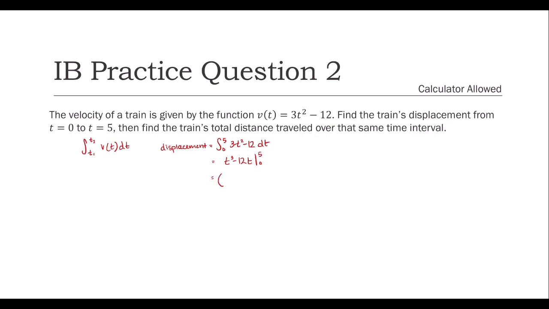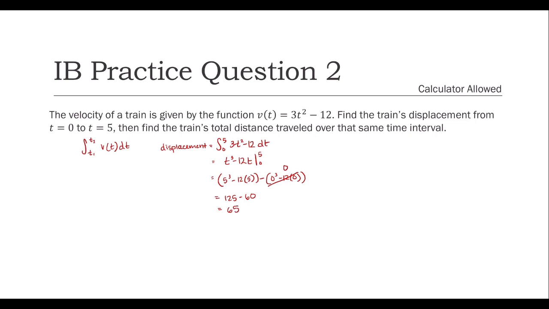So that's 5 cubed minus 12 times 5 minus 0 cubed minus 12 times 0. This whole second part equals 0. So we have 125 minus 60, which equals 65.